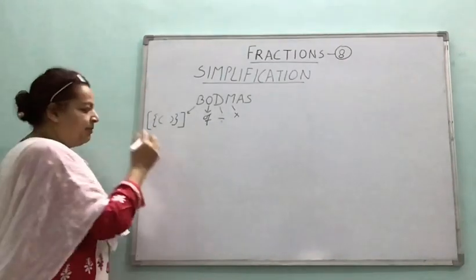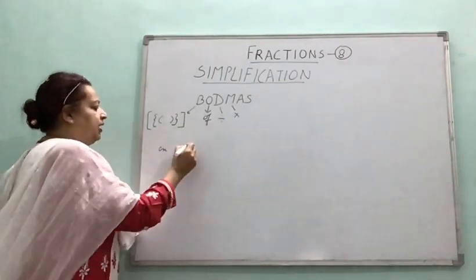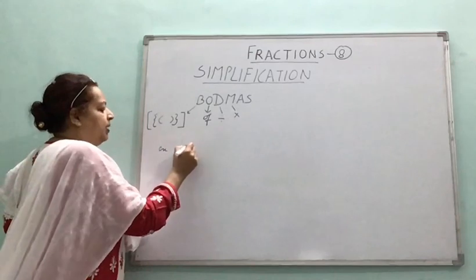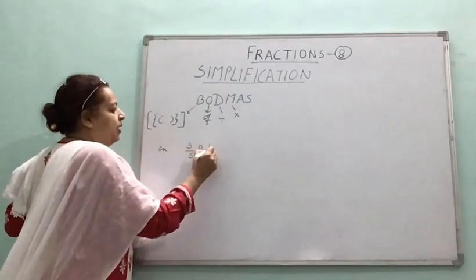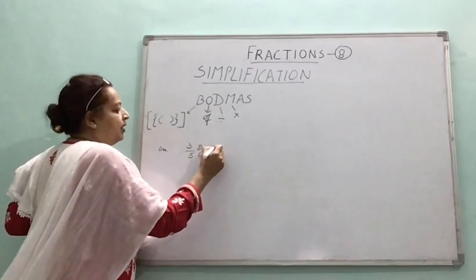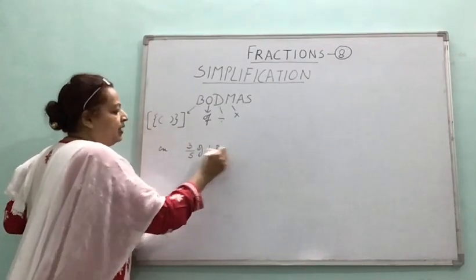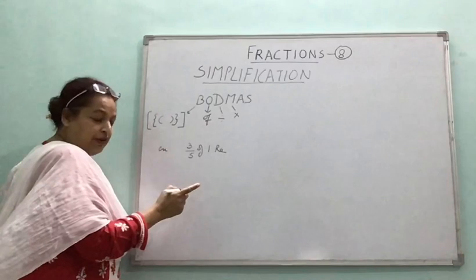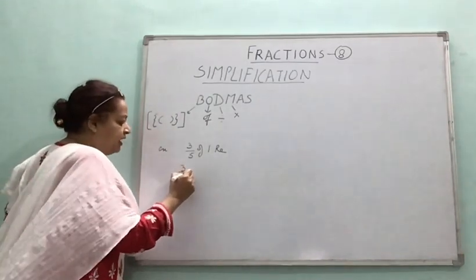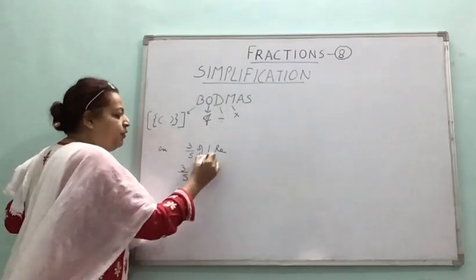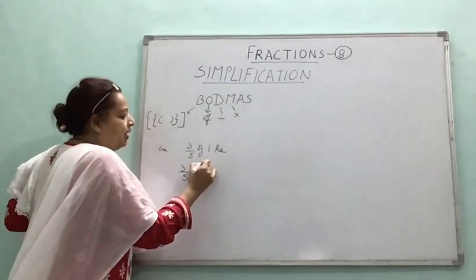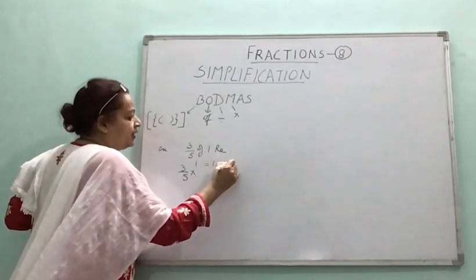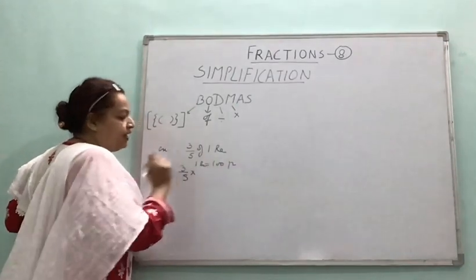I'll just take some examples of of. Like 3 by 5 of 1 rupee. So I have to multiply by 1 rupee, which we can easily convert. 1 rupee is equal to 100 paisa.